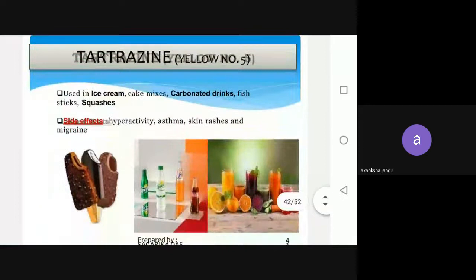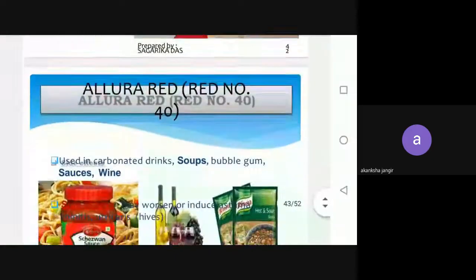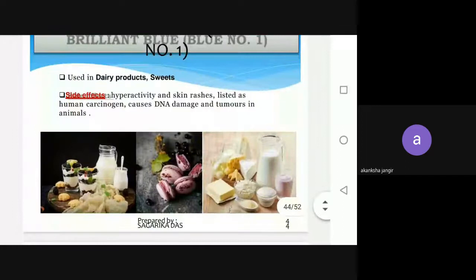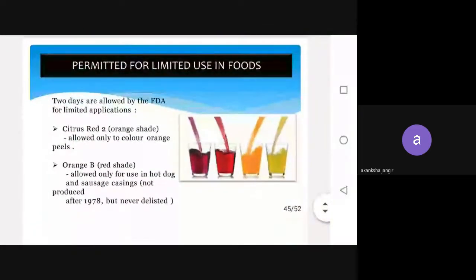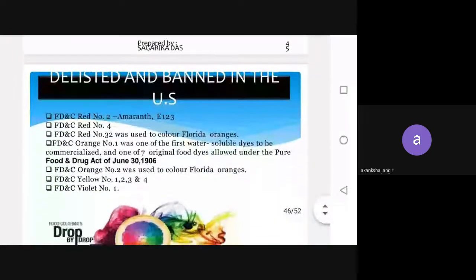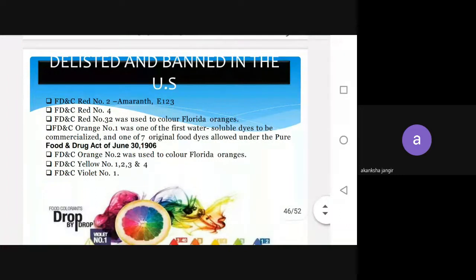This is tartrazine. So what is the color imparted by tartrazine? Yellow. Yes. Allura red. So these are some of the colors and the side effects they are given. You have to just remember the things. These are some of the colors which are banned in the US. Got it?